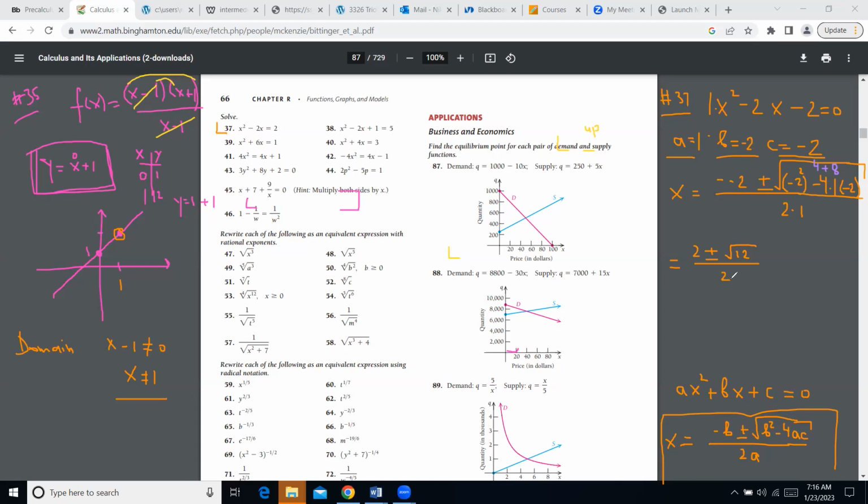So you could just leave it like that. I know that sometimes people like to simplify it. You can write this 12 as 4 times 3. So you can actually have a numerator split into 2 fractions.